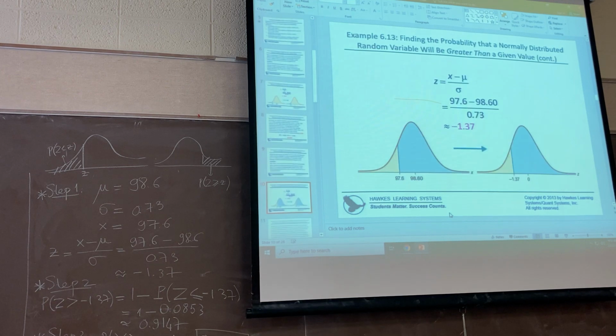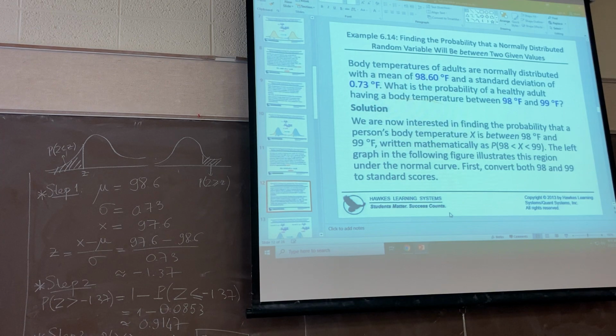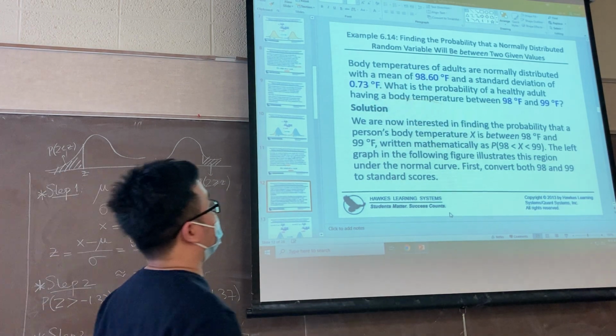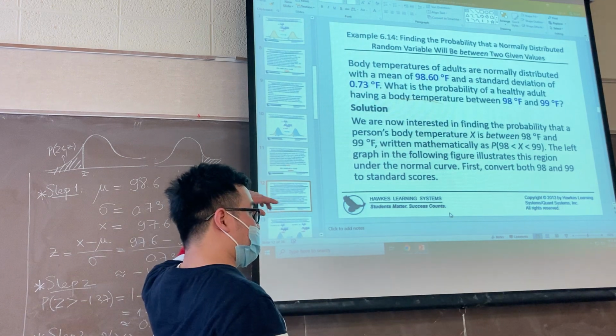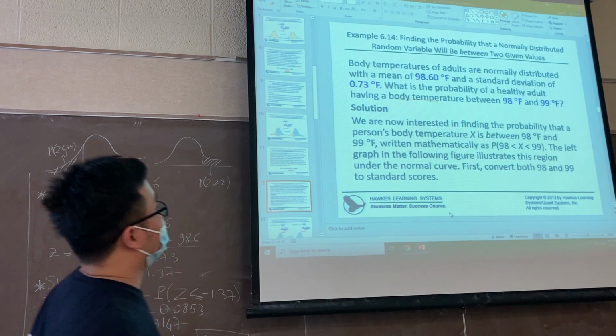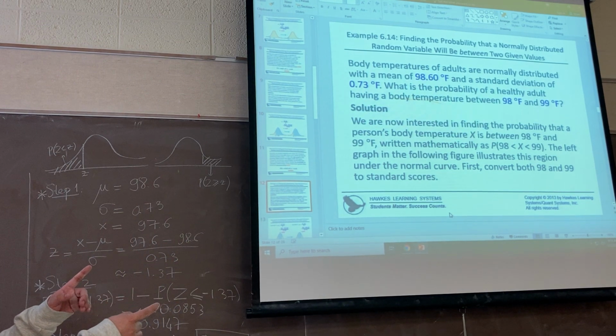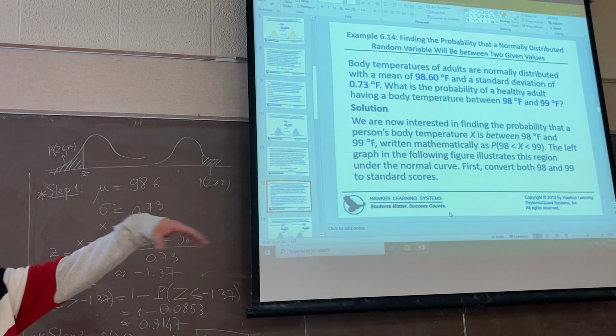So now you will see the first step is they change from x value to z value, and after that they will use a table to find us. Here we will look at the problem. Another example: to find the probability of a healthy adult having a body temperature between two values.